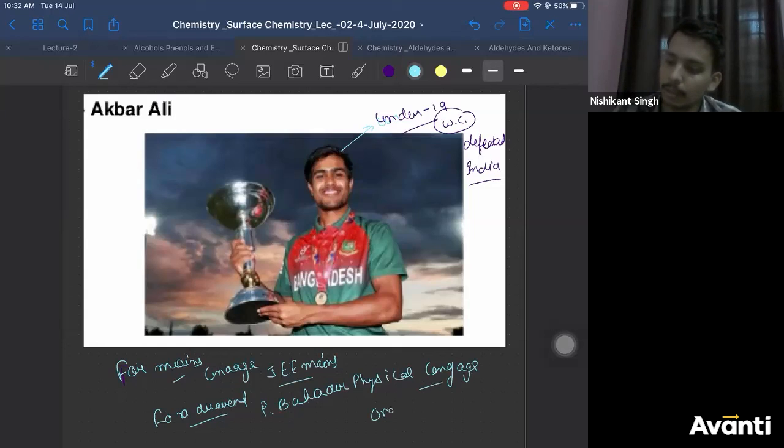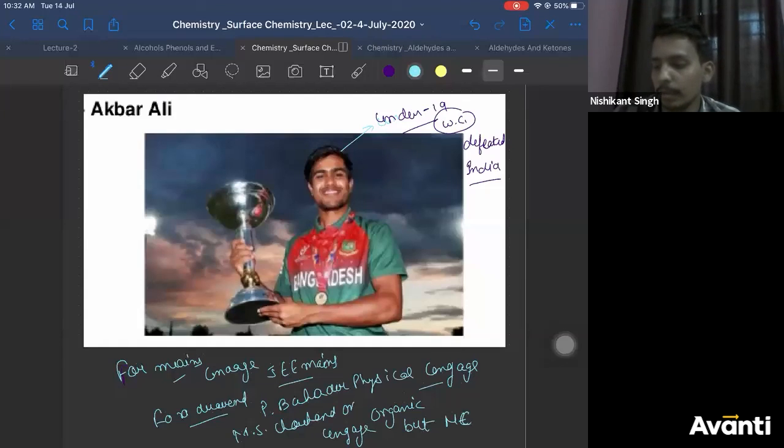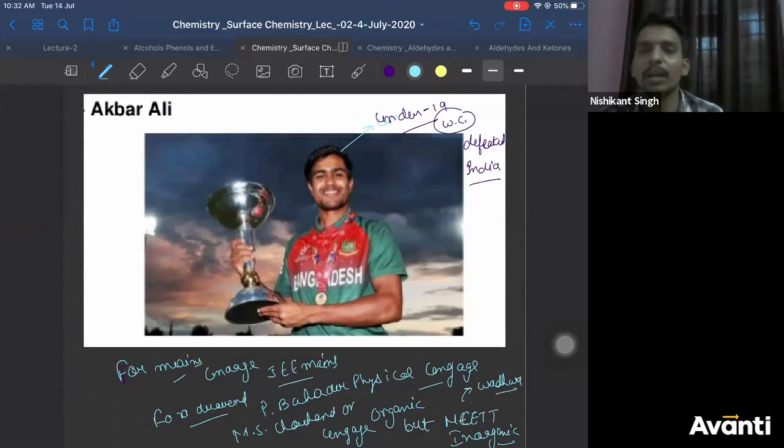For organic, you can solve MS Chauhan or Cengage, but for inorganic, you refer only to NCERT. Read NCERT properly. You can solve any one book, like Vidyamandir, but read only NCERT for inorganic.